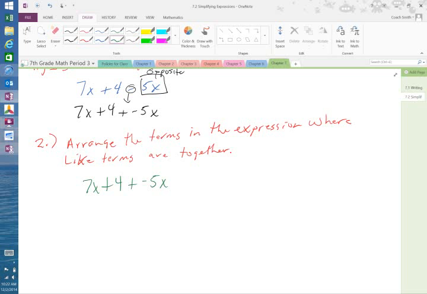So I want to rearrange the problem using the commutative property of addition, and I'm going to put 7x plus negative 5x plus 4. So I just use the commutative property of addition.